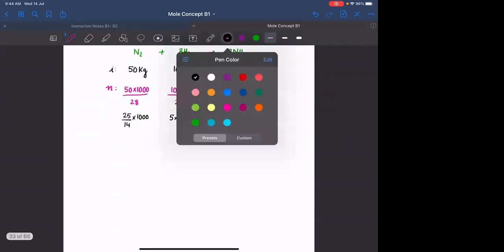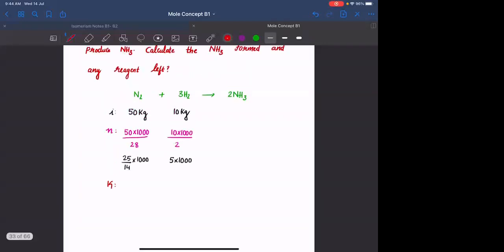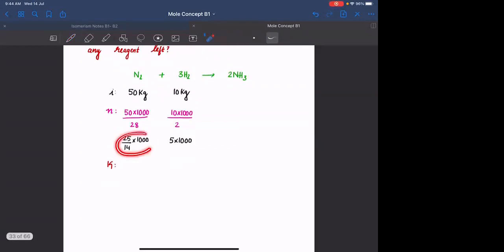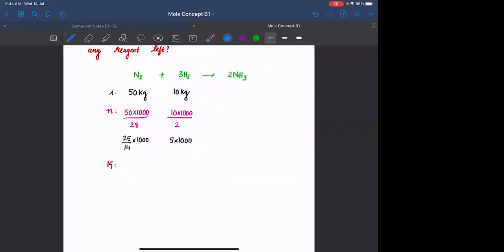Yes, sir. Let's calculate the value of K. These are the number of moles. What is K? Given moles upon stoichiometric coefficient. Given these are the moles. Stoichiometric coefficient of this is 1, so 25 upon 14 into 1000. And the value of this is 5/3 into 1000.